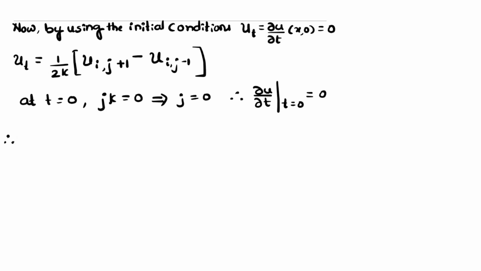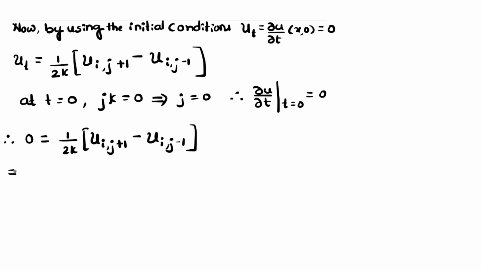Therefore in this equation the LHS becomes 0. So 1/2k into [u(i, j+1) − u(i, j−1)].